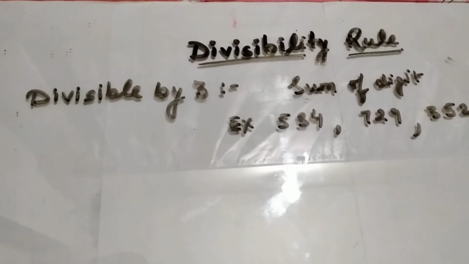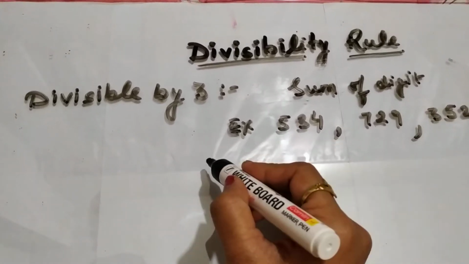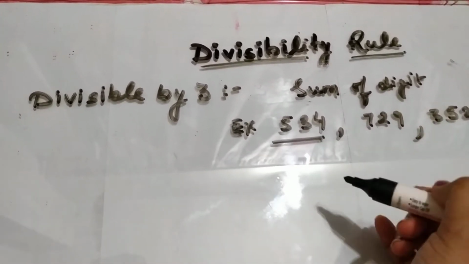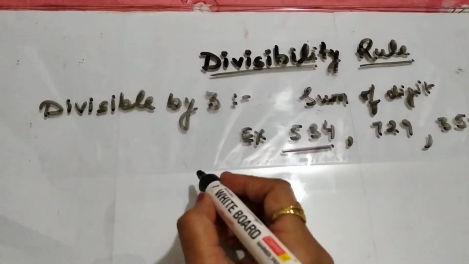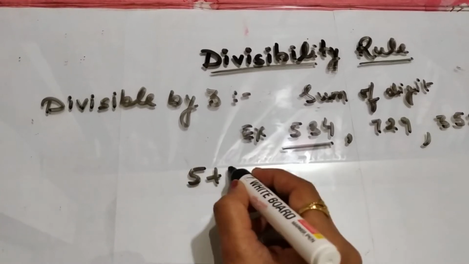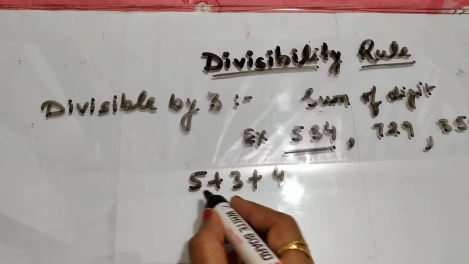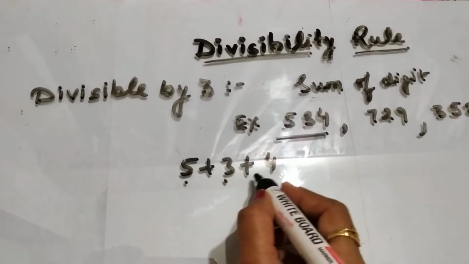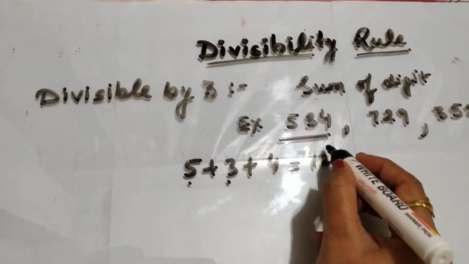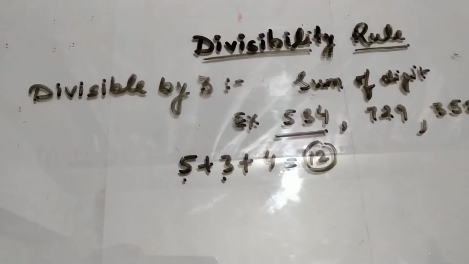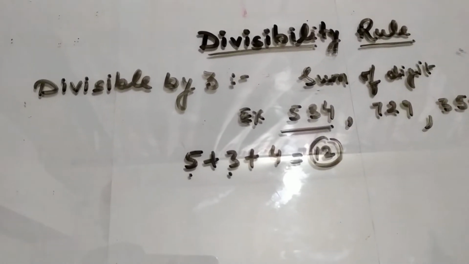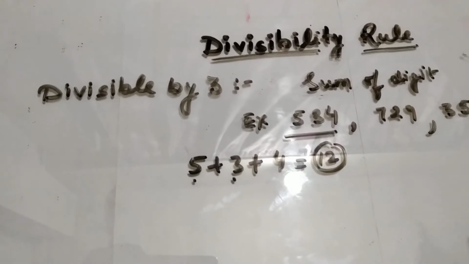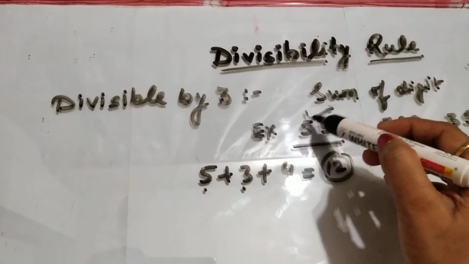Now take 534. Sum of digits: 5 plus 3 plus 4. 5 plus 3 is 8, 8 plus 4 is 12. Is 12 divisible by 3 or not? Yes, 12 is in the 3 table, so the whole number is divisible by 3.